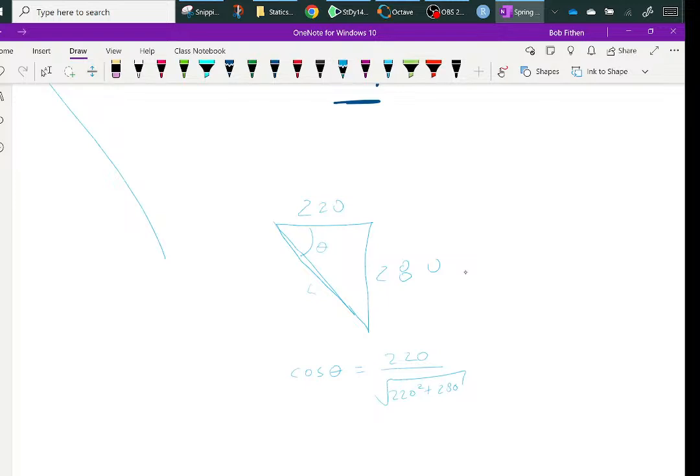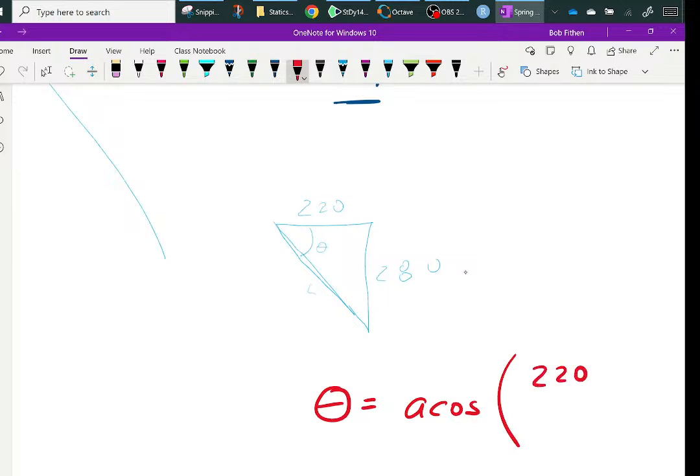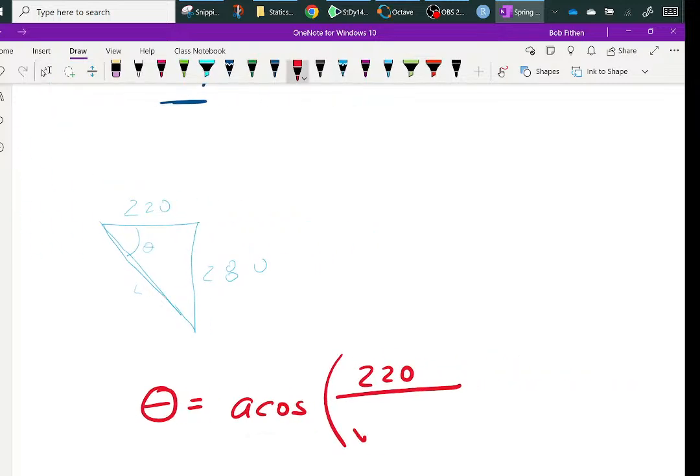If I use another pen, I could make that Photomath to it. Cosine theta. So the question is, I think it's arc cosine of 220 divided by the square root of 220 squared plus 280 squared.